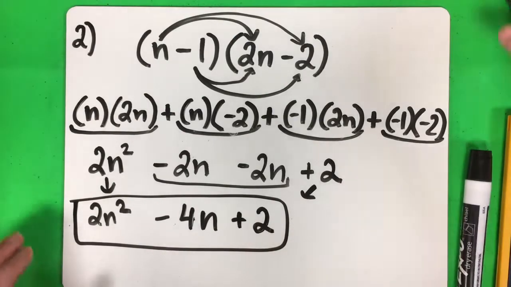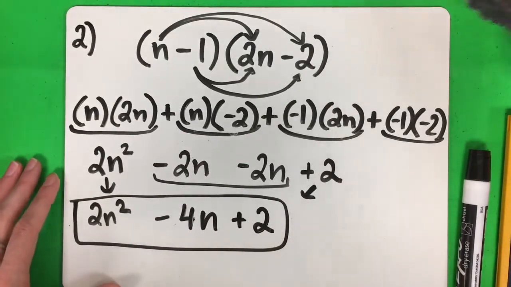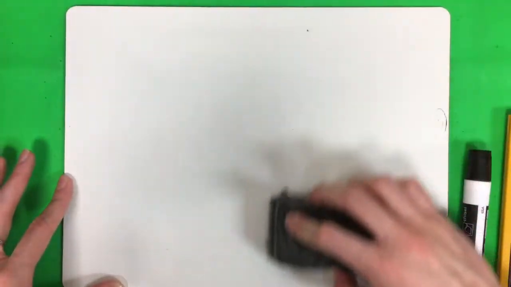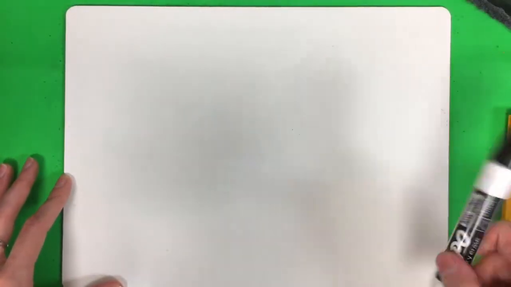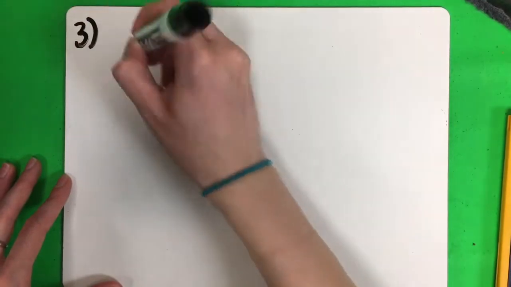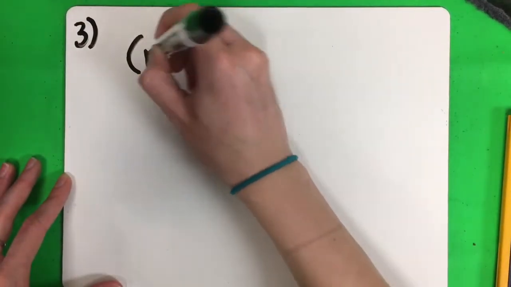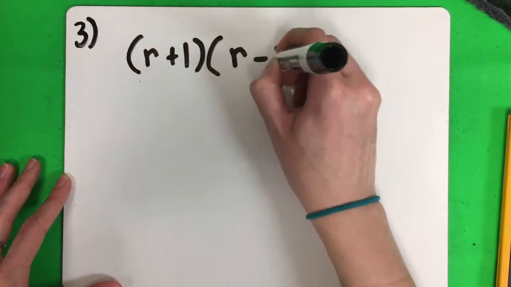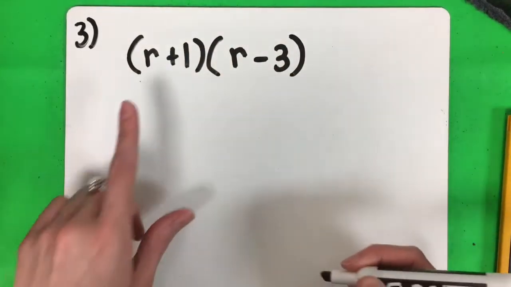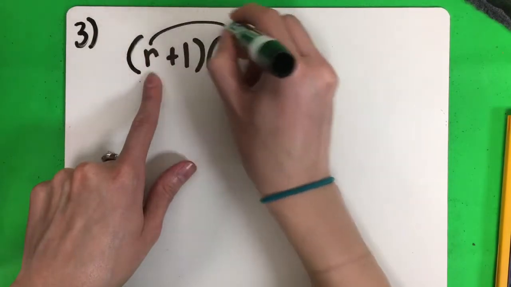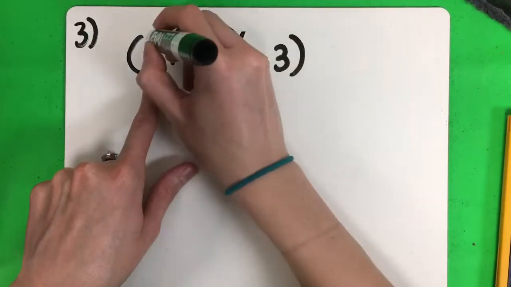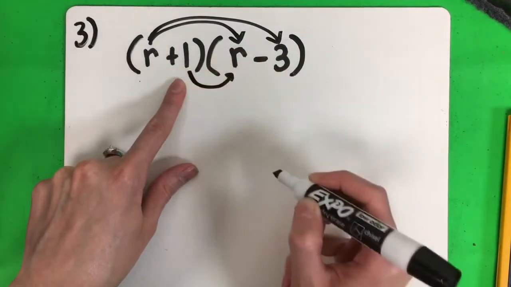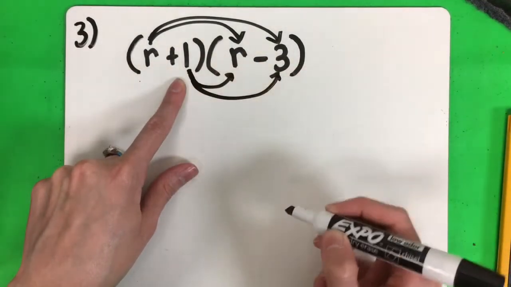Okay, let's do another one. Number 3. We have (r + 1)(r - 3). Again, r times r, r times negative 3, 1 times r, 1 times negative 3.